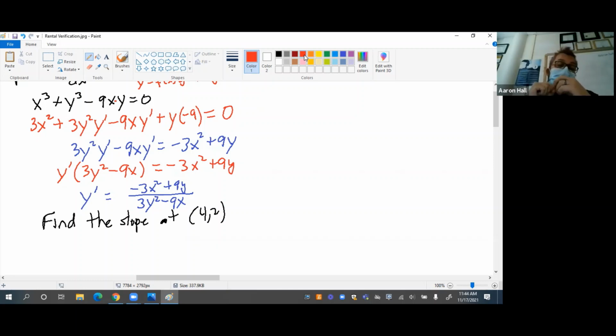So we could have simplified it. I'm not super concerned about simplifying it. If this was multiple choice, this probably wouldn't be one of your choices because it could have been simplified. However, if this is free response, stop there.